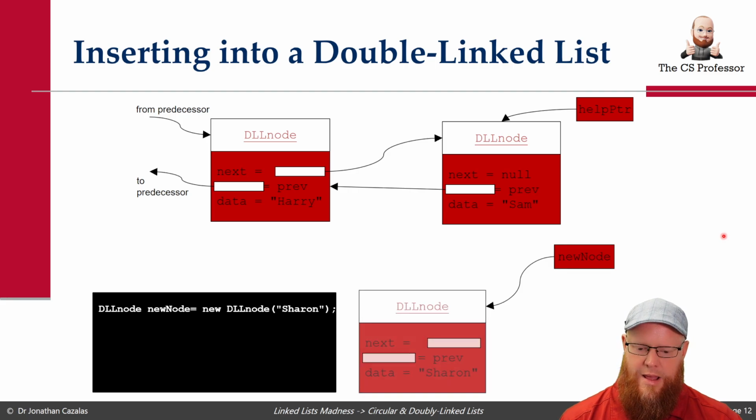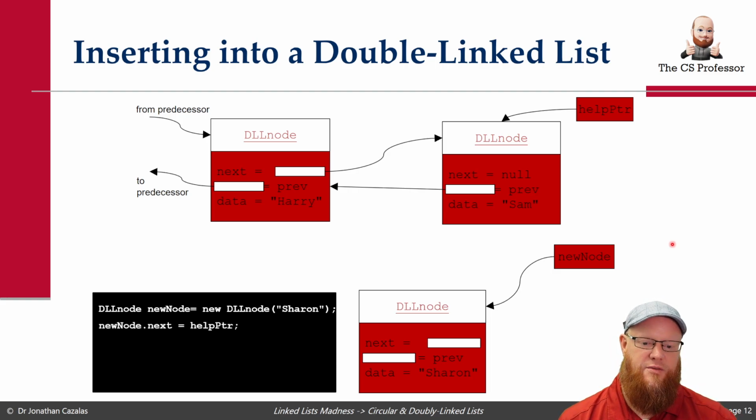Here's that node. And now we need to do what? We need to make Sharon point over to Sam. And here's that line of code. Sharon points to Sam because we took the help pointer, which is Sam's address, and we saved it into new node.next. The consequence, Sharon points to Sam.